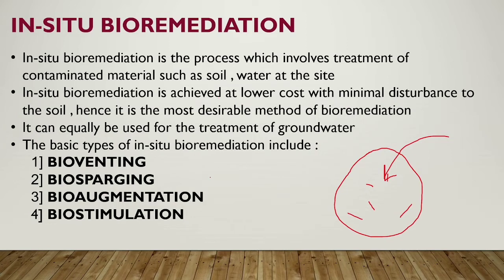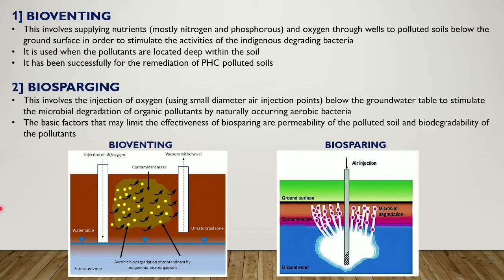So, there are four types of in situ bioremediation. First is bioventing, second is biosparging, third is bioaugmentation, and fourth is biostimulation. So first we will see about bioventing. Now, in this technique, small wells are created in the soil, and from these wells, air or nutrient supply is provided, and this will stimulate the process of biodegradation.